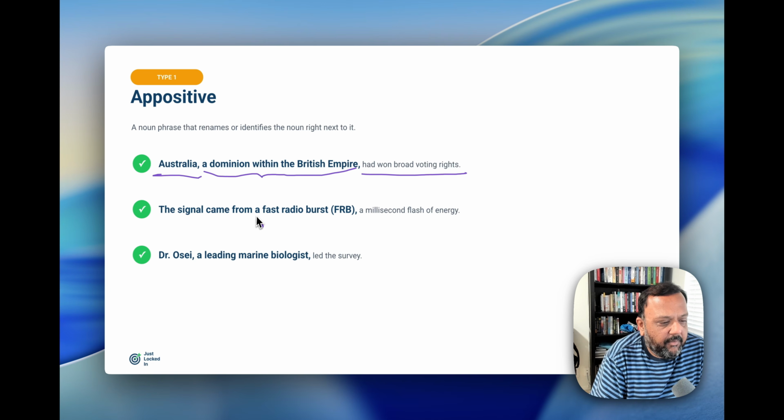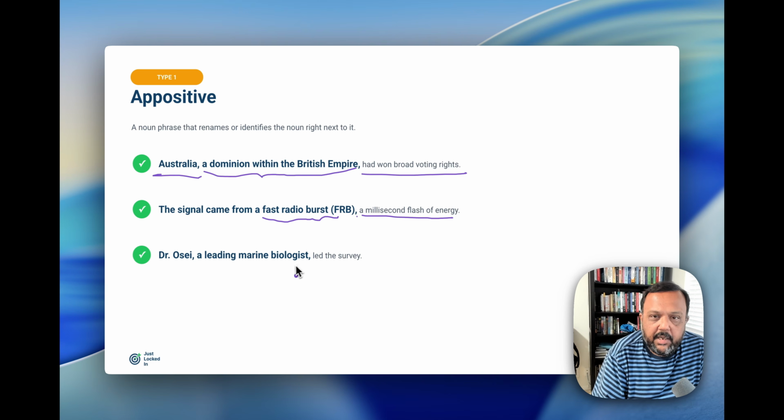The signal came from a fast radio burst, a millisecond flash of energy. So here, the signal came from a fast radio burst. That is the actual sentence, and it presents a valid idea. And here, followed by a comma, a millisecond flash of energy tries to define what a fast radio burst is.